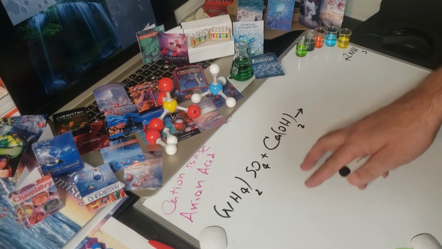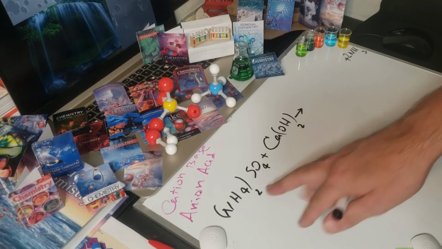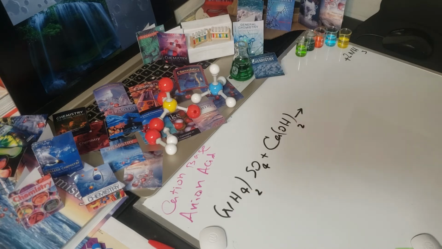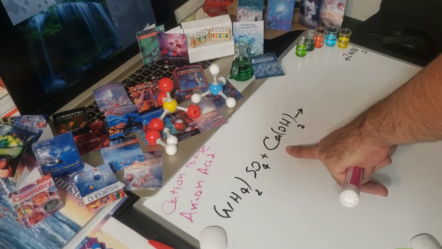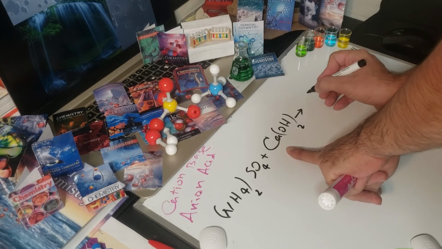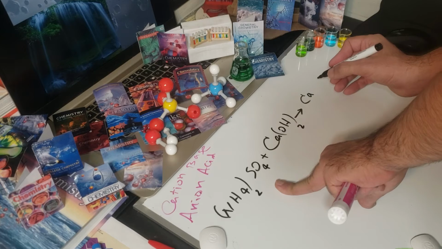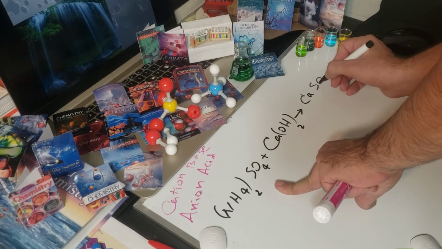So the base is an apparent one, so I have OH minuses, but the acid is not, so I'm going to get the cation from my base, which is calcium, and the anion from my acid, that is sulfate.